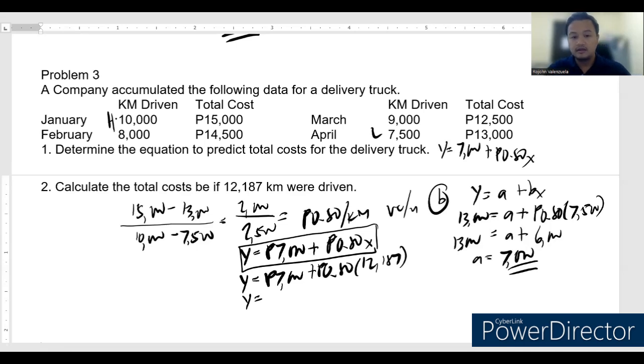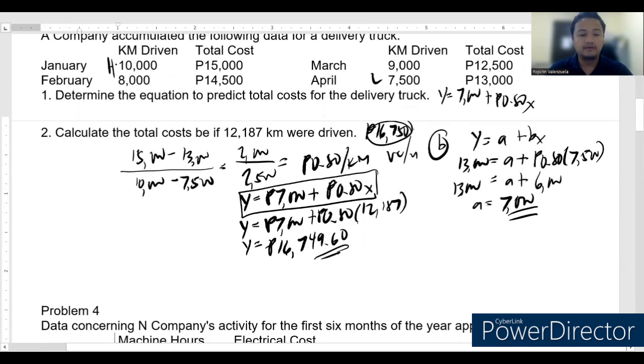So, the answer is 16,749.60 or kahit 750. Okay? So, that's your answer for number 2. 16,750 rounded off. Okay? So, medyo nasasanay tayo no, sa high-low method natin. Practice lang ng practice. Let's go to problem number 4.